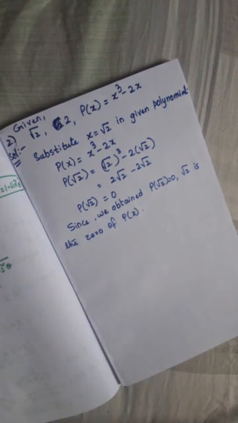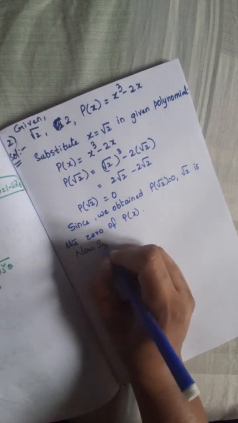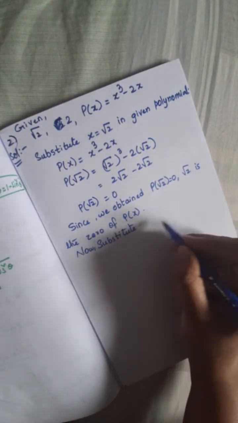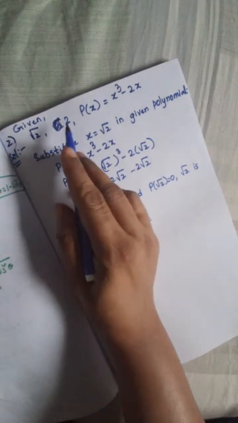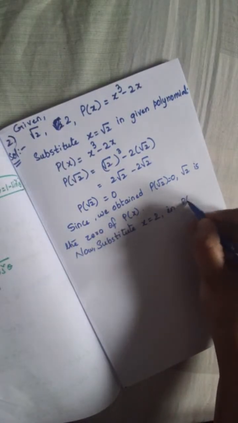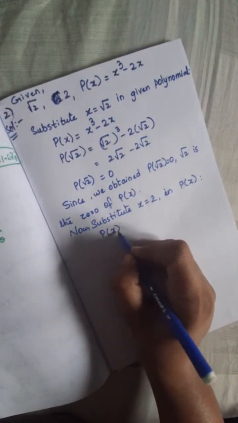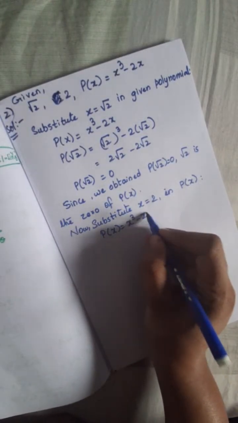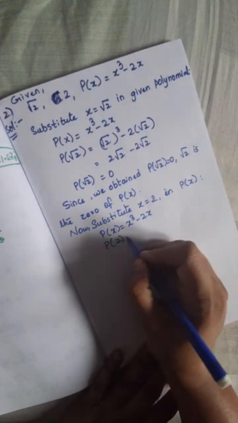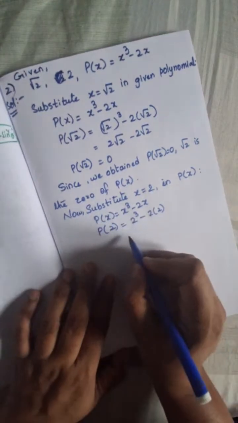Okay, now another one: substitute x equal to the other value given, that is 2, in the given polynomial p of x, that is x cube minus 2x. Another value 2 we have to substitute, that is p of 2, 2 cube minus 2 of 2. How much will you get?